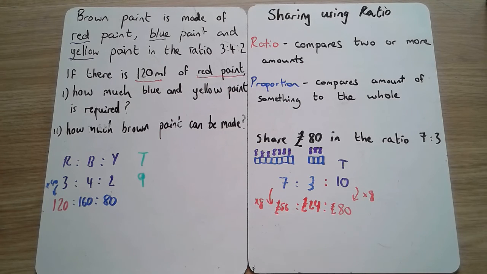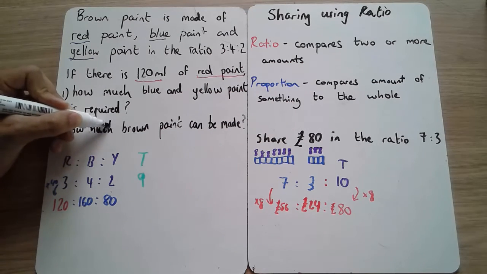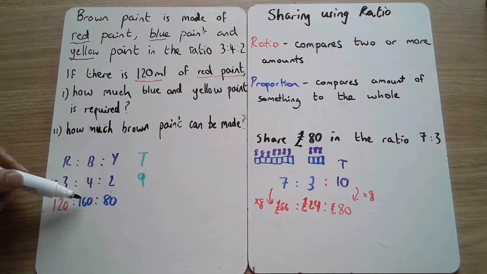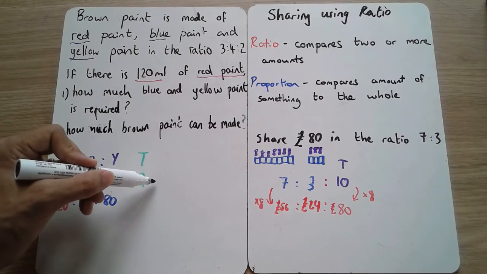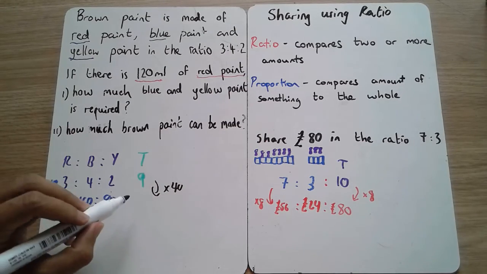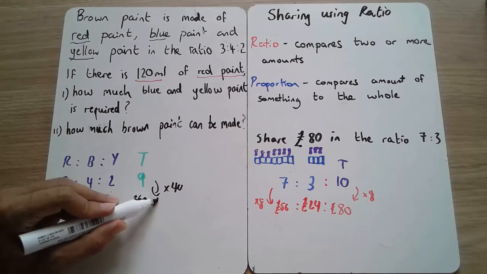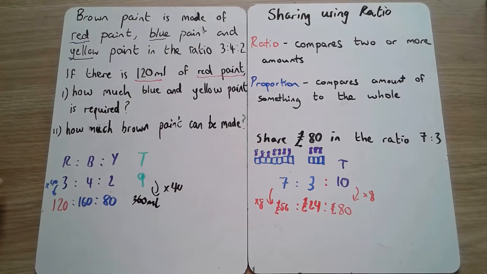Brown paint is simply the combination of all of these added together, which is 120 plus 160 plus 80, which is 360. I could also simply multiply the total by 40, and that gives me my value of 360 ml. And effectively that's it.